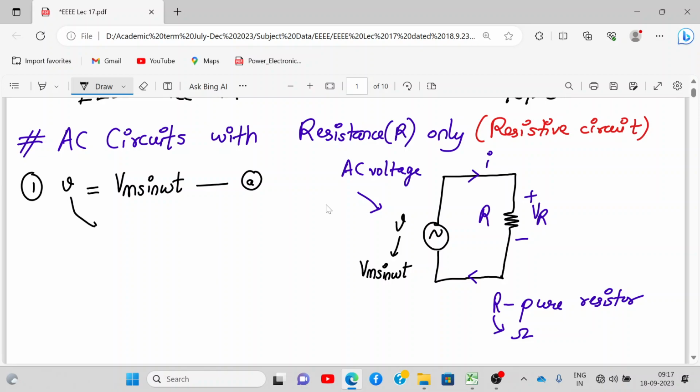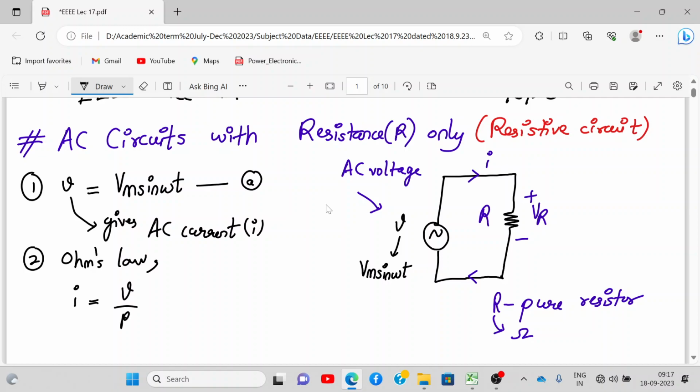This voltage gives me AC current i, and by Ohm's law, what is i given by? V by R, correct? So it will be Vm sin omega t divided by R. Let's call this equation number 1.